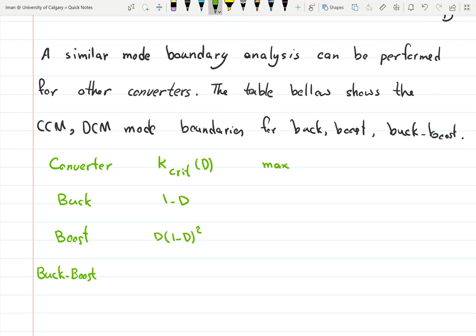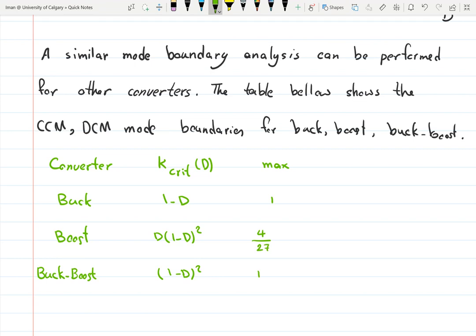And then for the buck-boost, it will end up being 1 minus D, oh sorry, 1 minus D, not D', to the power of 2. So the maximum here is 1, this is 4 divided by 27, then the maximum here is 1.